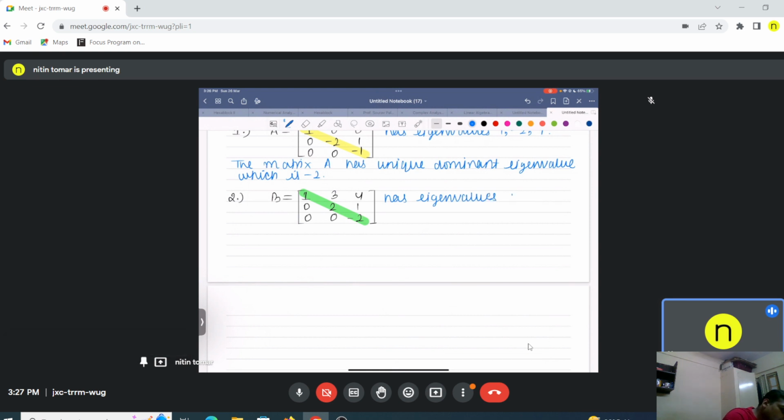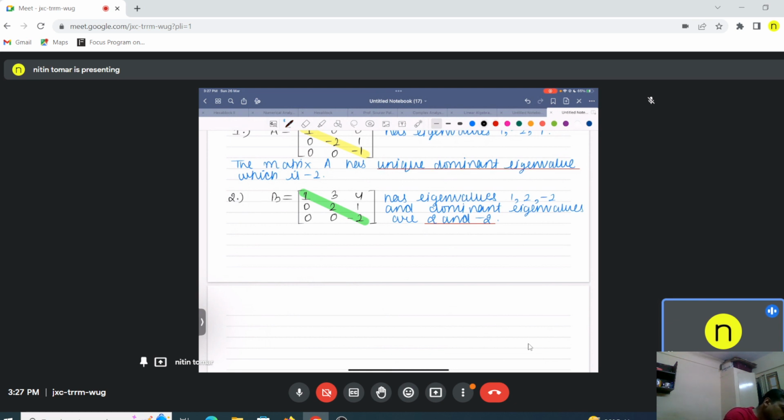What are the eigenvalues? 1, 2, minus 2, and the dominant eigenvalues are 2 and minus 2. So there is no unique dominant eigenvalue. Okay. So there are two dominant eigenvalues. In the earlier case there is a unique dominant eigenvalue.